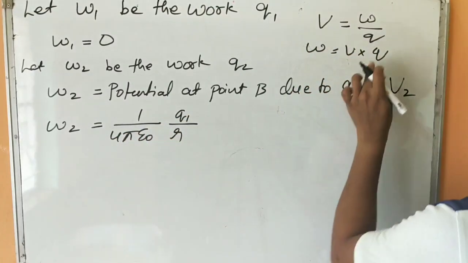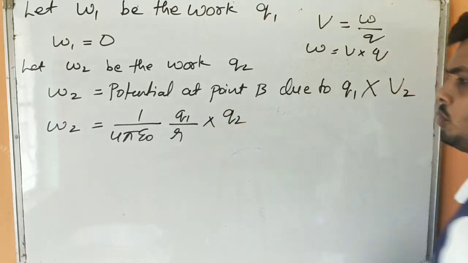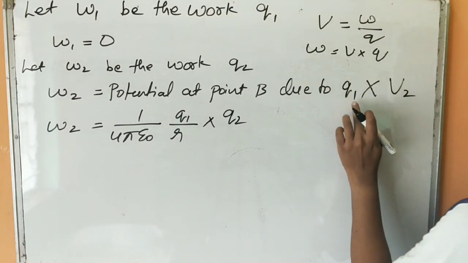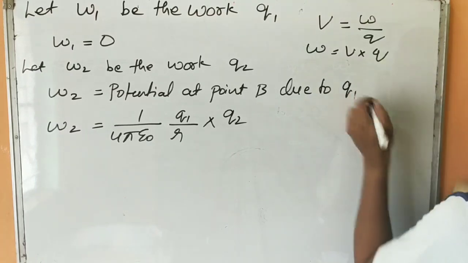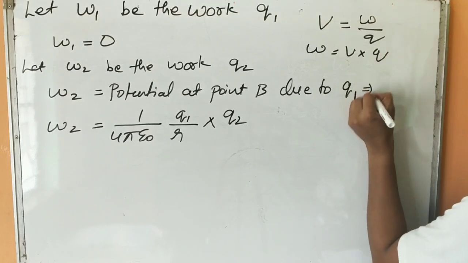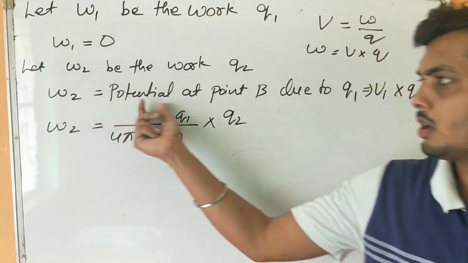Into Q2. Yes or no, students? Correct. Sorry, the potential at point B due to Q1 will be V1 into Q2. Are you understanding? Clear? See here, students, don't get confused.